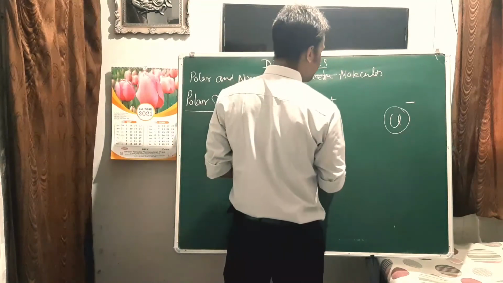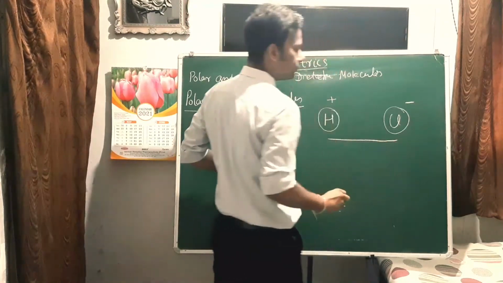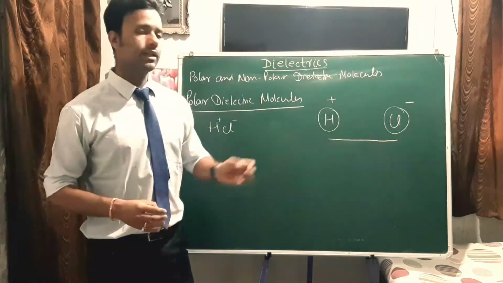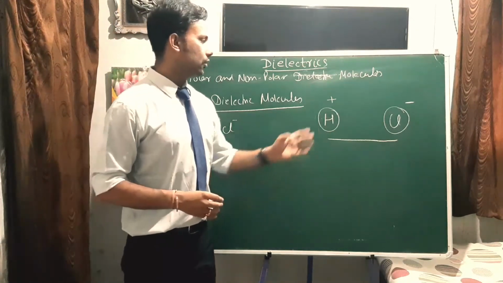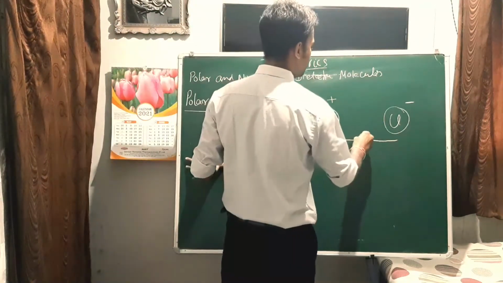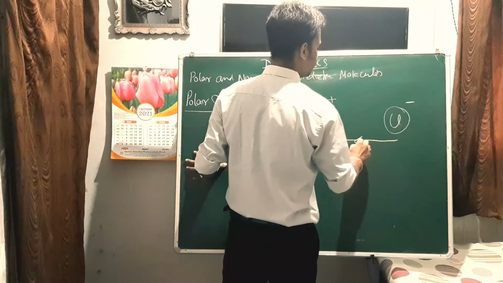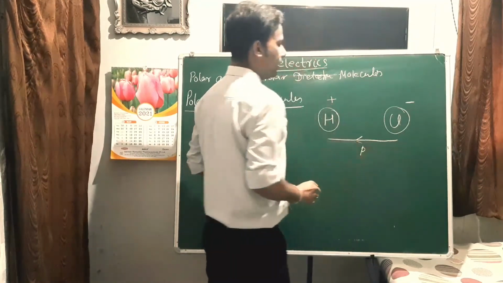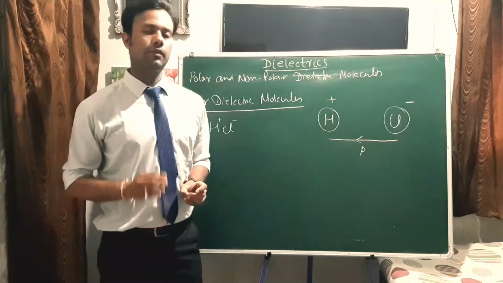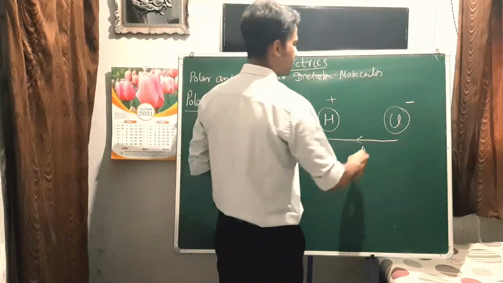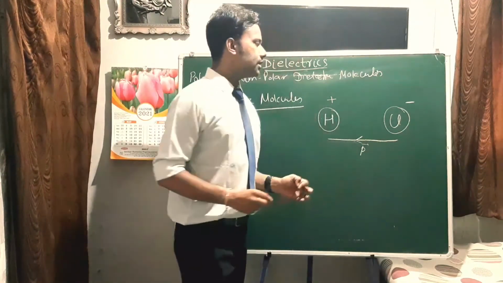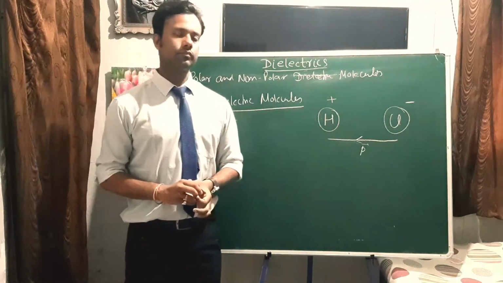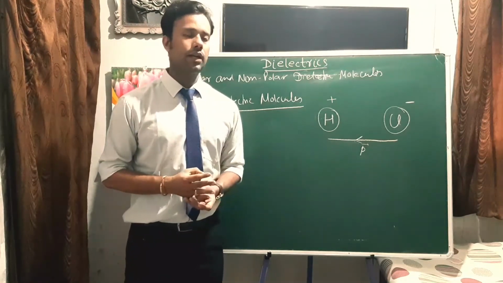So we can find the electrical dipole moment in this case, and that will be directed from chlorine to the hydrogen. Because if you remember, the direction of electrical dipole moment is from negative charge to positive charge, right? So this is one example of polar dielectric molecules.